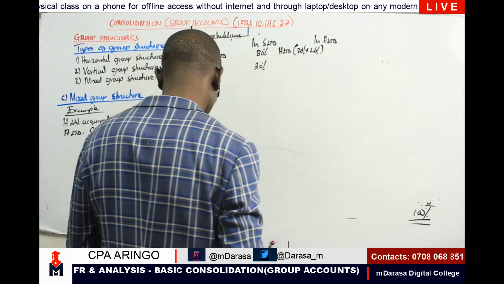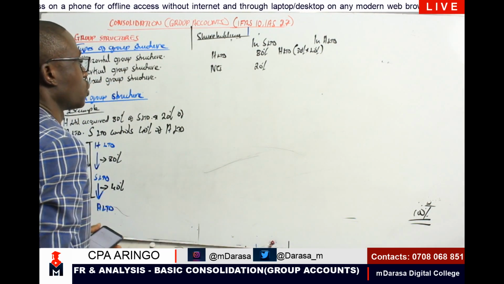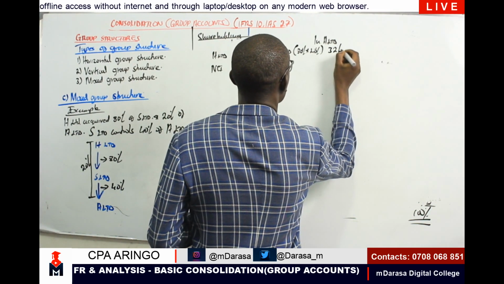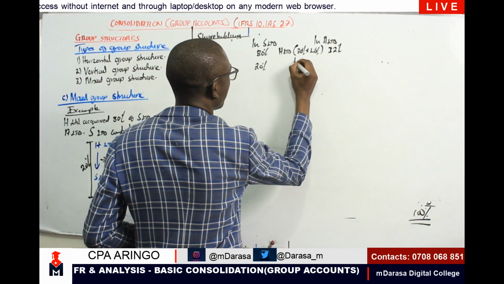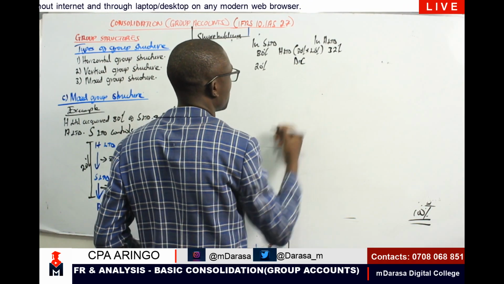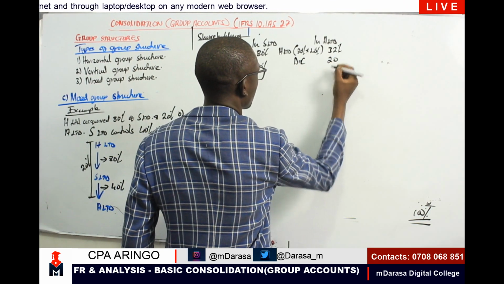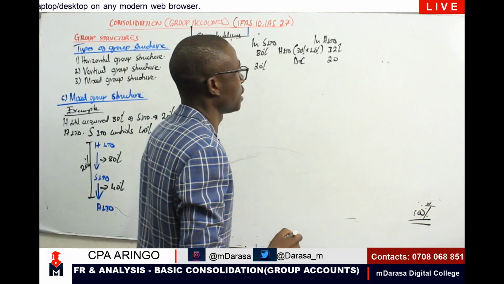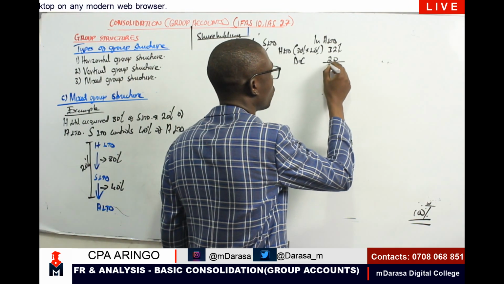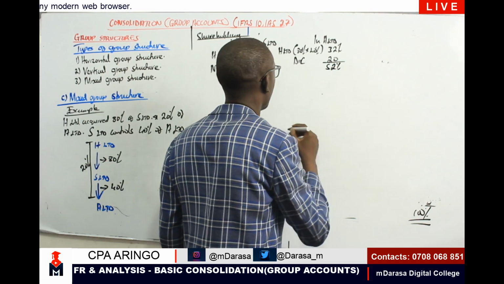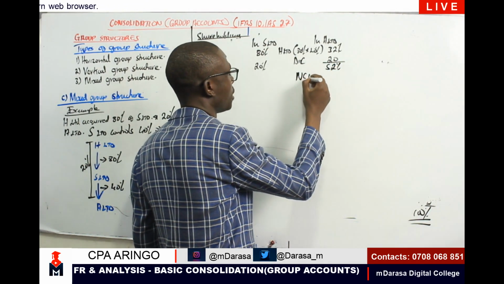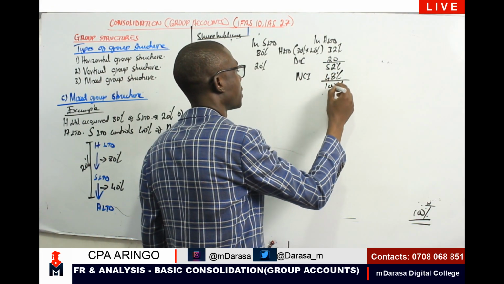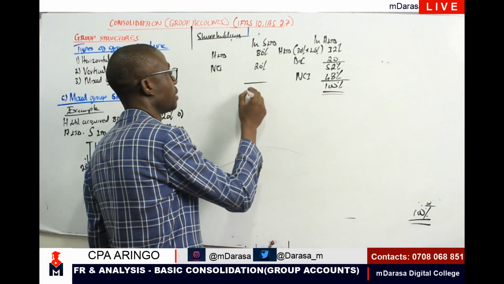So basically that should give us what? Indirect control will give us 32%, whereas we are having direct control, term it as DC, 20%. So we can agree that the total shareholding of H Limited in A, in this case we do have what? 52%. And therefore I'll be having NCI of 48%, to give us 100%.